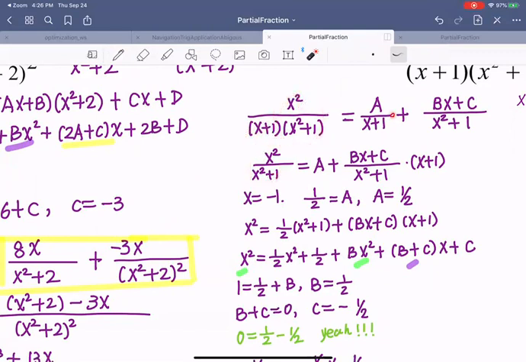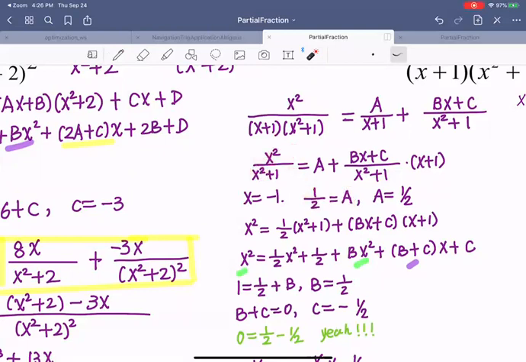Then x plus 1 times here is gone, so a is left. When I apply x equals -1, this is 0, so this thing can be ignored. This is -1, and -1 squared is +1. So this is 1/2. That's why a equals 1/2.